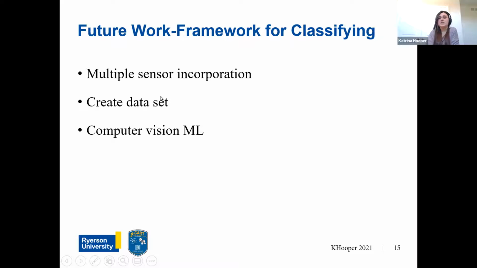We can create a data set and then use different techniques such as computer vision or just simple image analysis, stuff like identifying certain areas based on their color or the brightness. So creating a data set is definitely a good starting point.